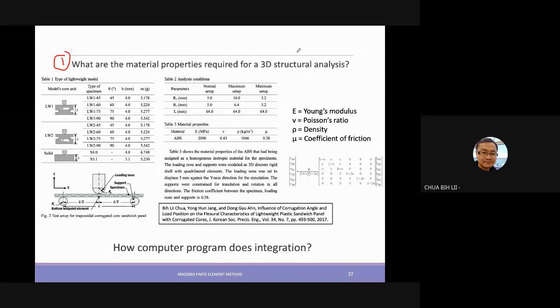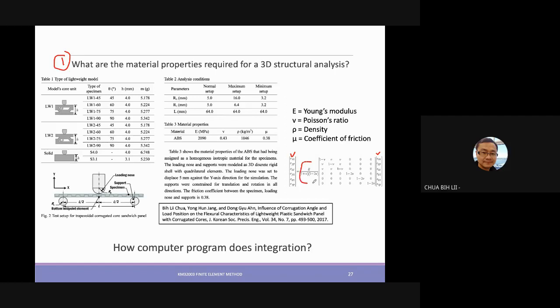But then how about a 3-dimensional analysis? Once you understand the idea behind those formulations, what you need to check is the relationship between the strain and the stress. This is the relationship for a 3-dimensional structural analysis.